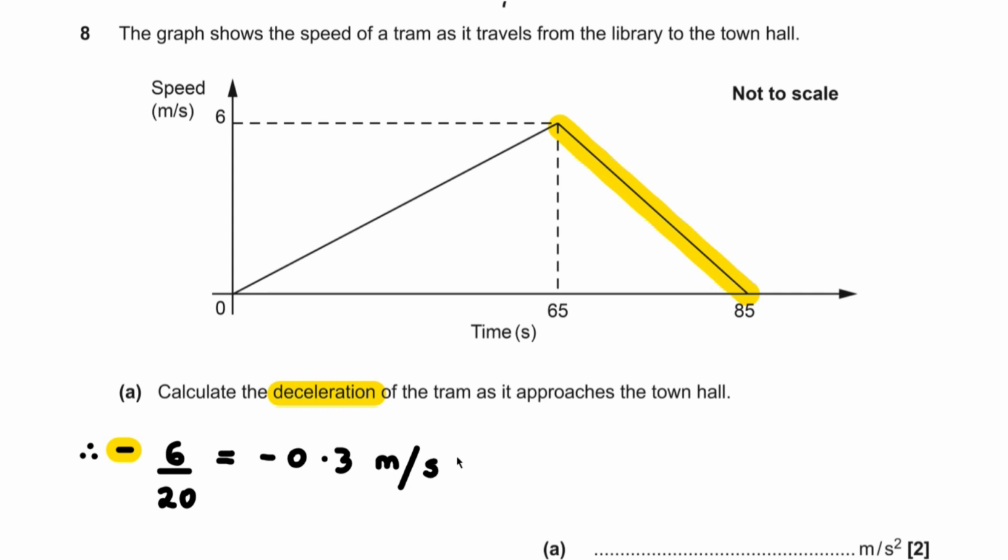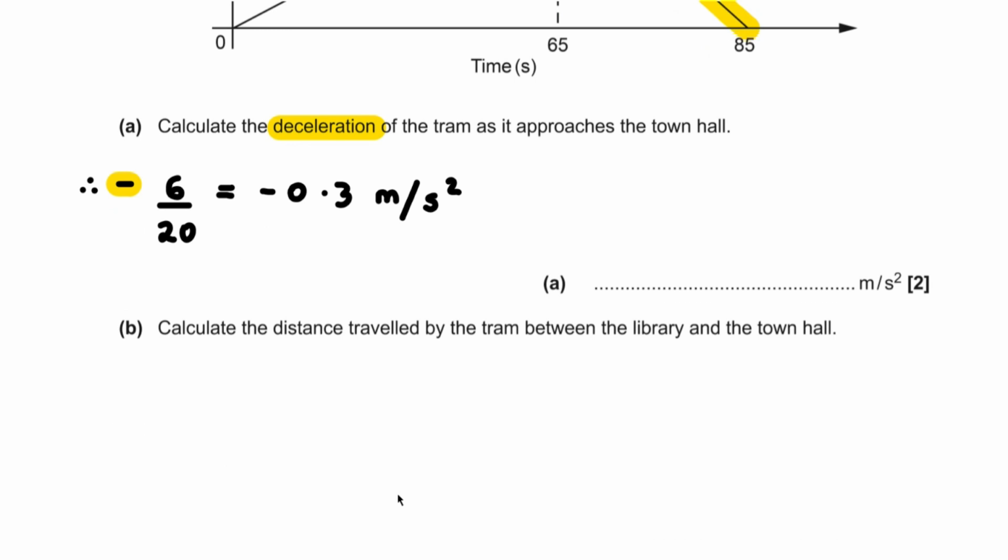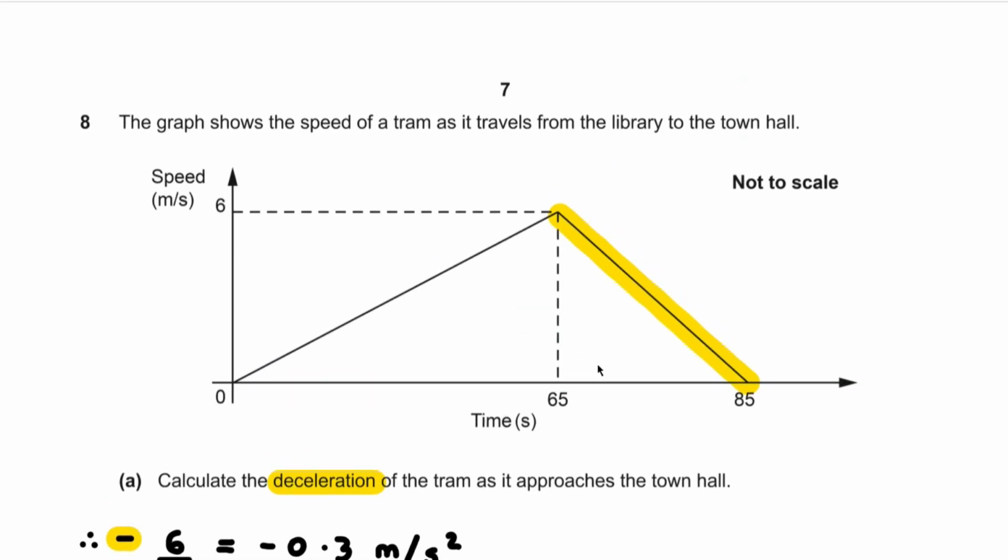Part B, calculate the distance travelled by the tram between the library and the town hall. So for this we have to find out the area, and for us to find out the area, what we can do is work out the area of this triangle.